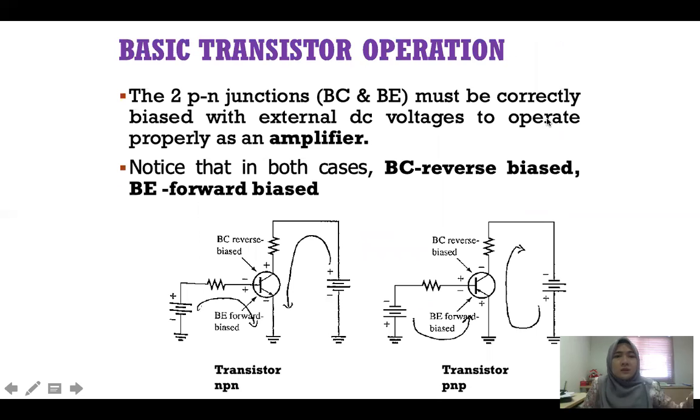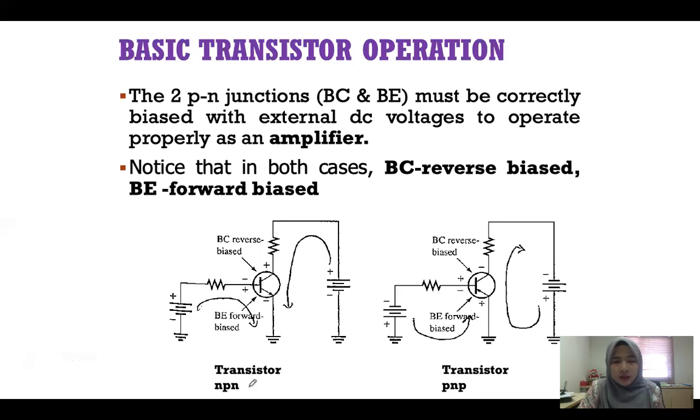Now let's look at the basic transistor operation, how this transistor actually works. The two PN junctions, the BC and the BE, must be correctly biased with external DC voltage to operate properly as an amplifier. Notice that in both cases, BC is reverse biased and BE is forward biased.